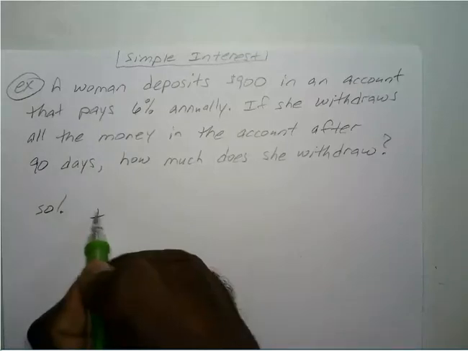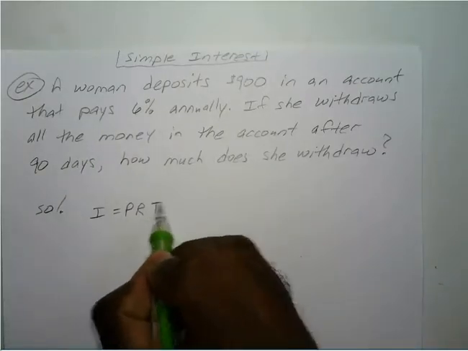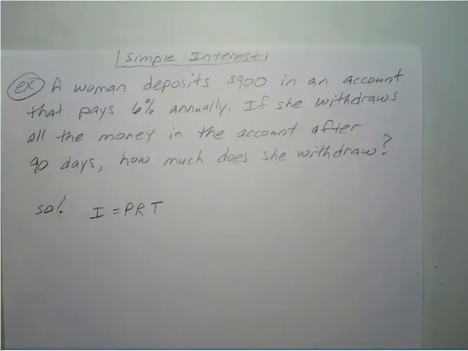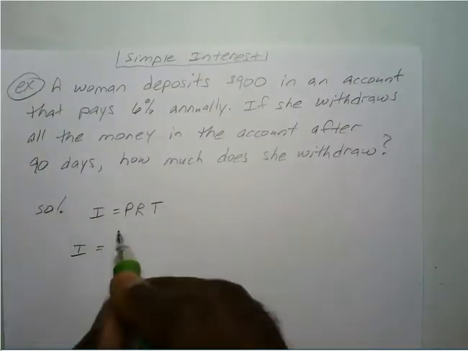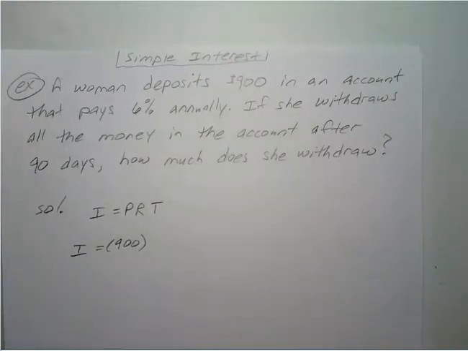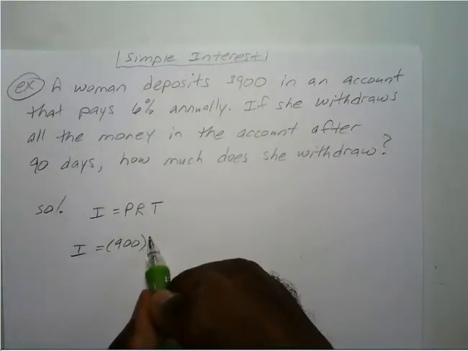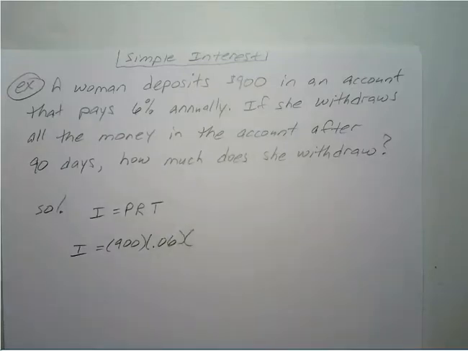So you have interest equals your principal, your rate, times your time in years. Okay, so your interest is equal to your principal, which is your starting value, so she deposited $900, times your rate, which is 6%, so that's 0.06, times your time in years.